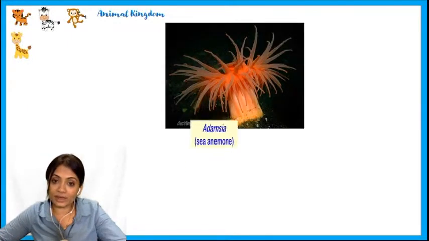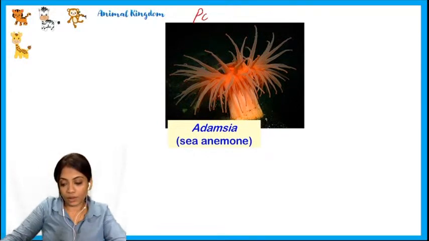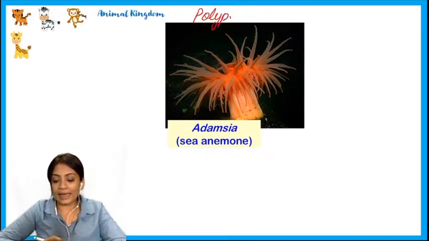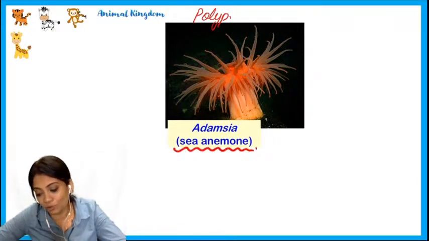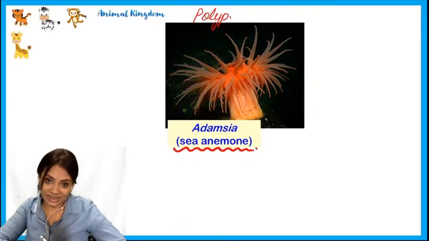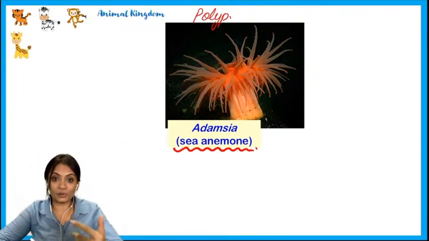Other examples we come to, that is Adamsia. This is a polyp form. Okay, this is a polyp, and this Adamsia has a common name called sea anemone. Now, let me tell you something very interesting about this Adamsia. It is actually a topic that you will be learning when you come to the 12th standard, when you're learning about different types of relationships in our ecosystem.